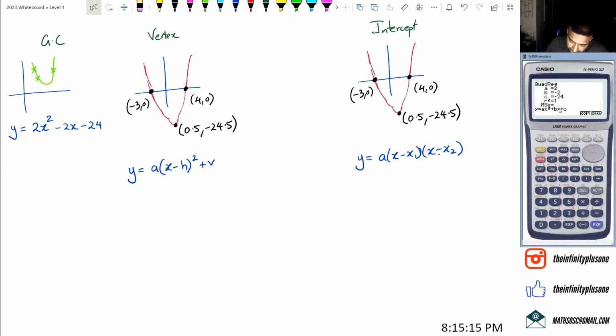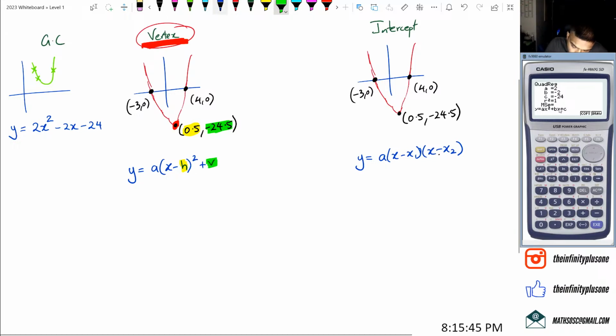So the first part is this one here. When we're doing the vertex form, when we talk about the vertex, we are talking about this point in red here. That is the vertex right there. With the vertex, you have the h value, which you just replace with 0.5, and then the v value, which happens to be minus 24.5.